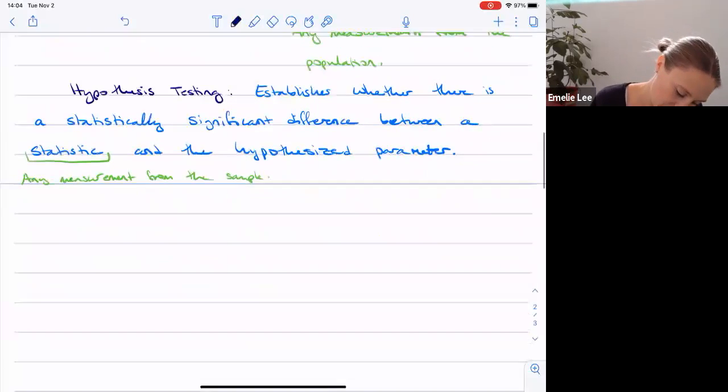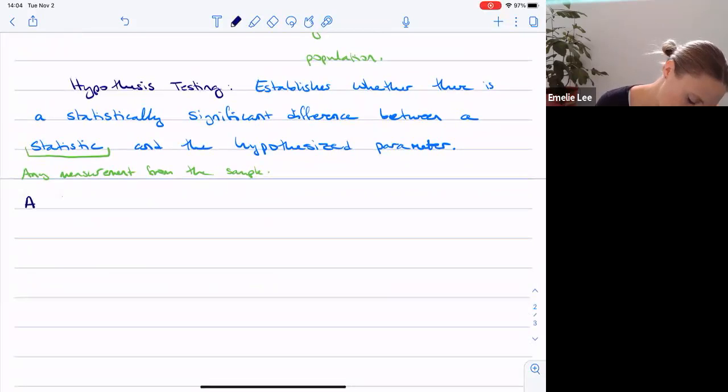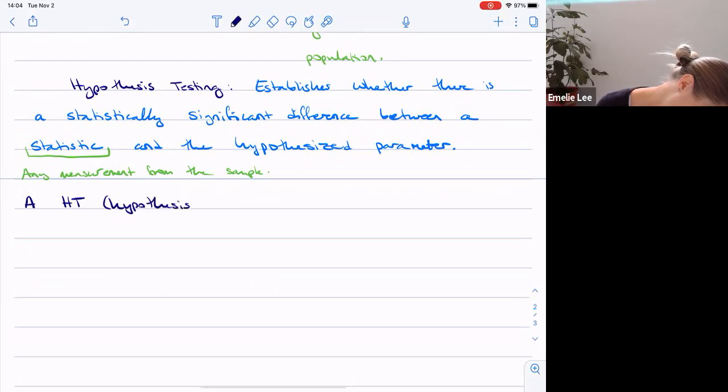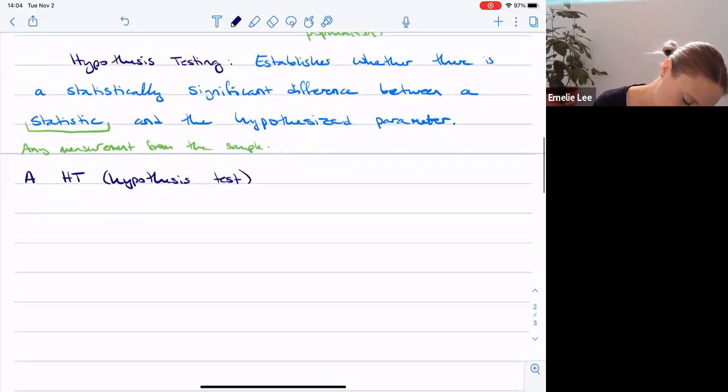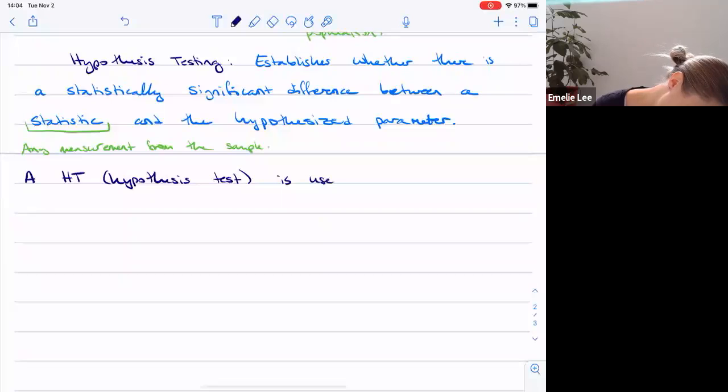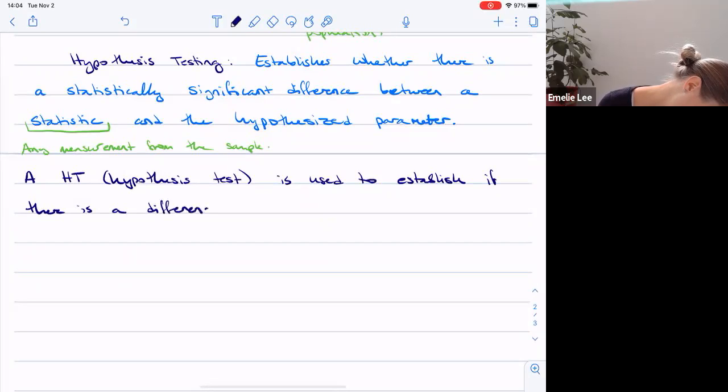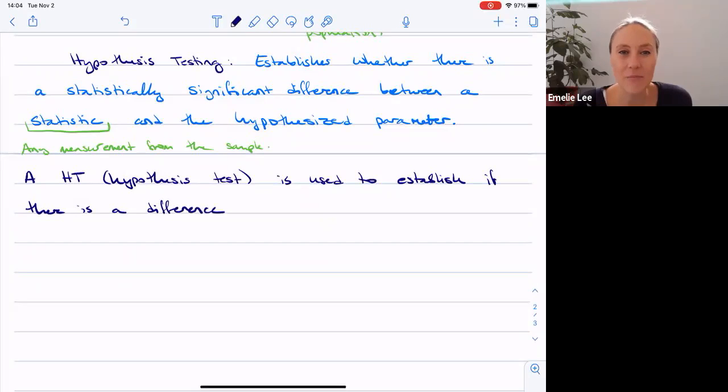So let's jot that down. A hypothesis test, usually I just abbreviate HT, and CI for confidence interval. A hypothesis test is used to establish if there is a difference, but we need a confidence interval to know what that difference could be.